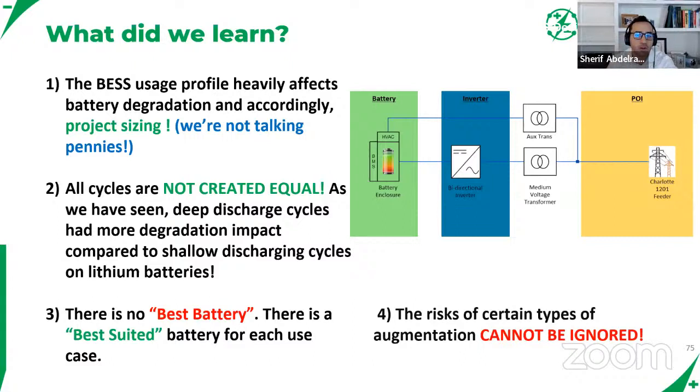And as we saw in optimization 2, the financial difference and the IRR for using the right technology for the use case is in fact very, very significant.